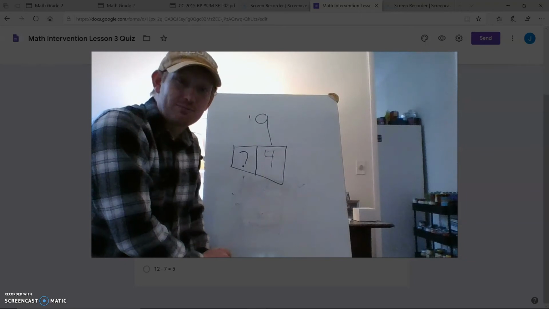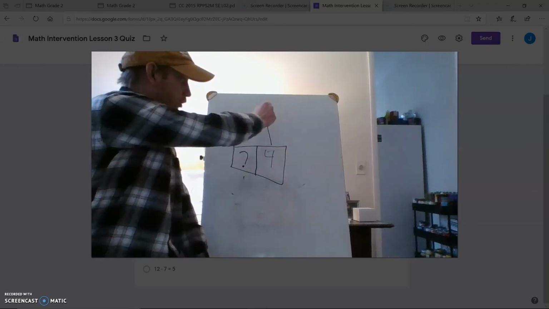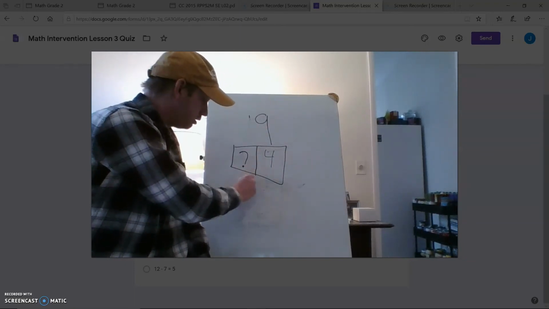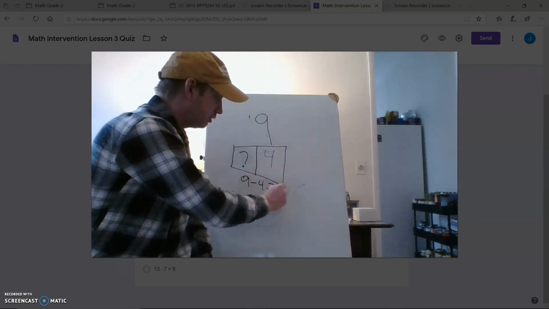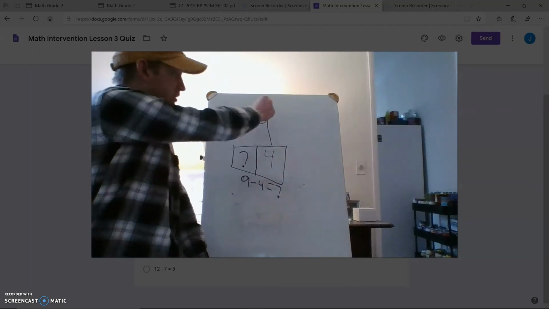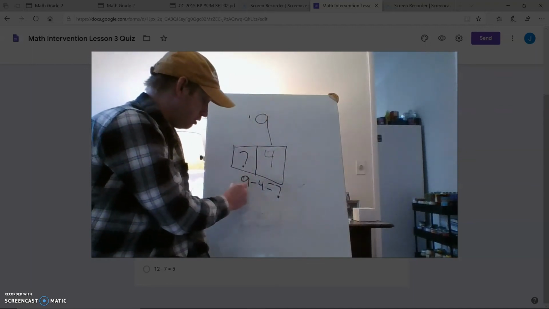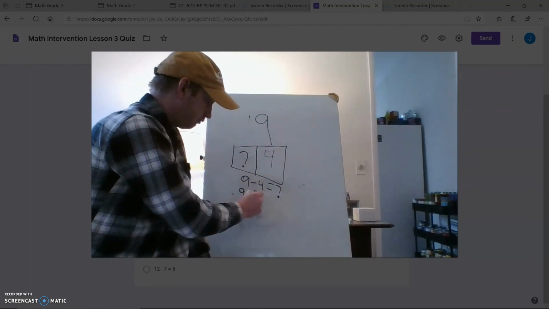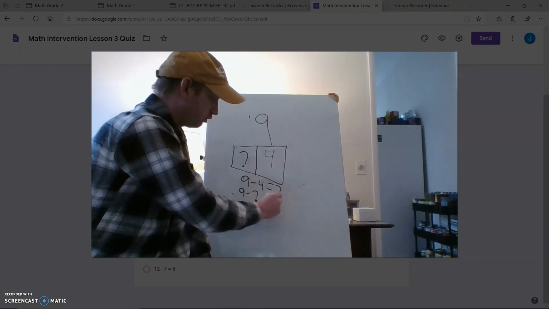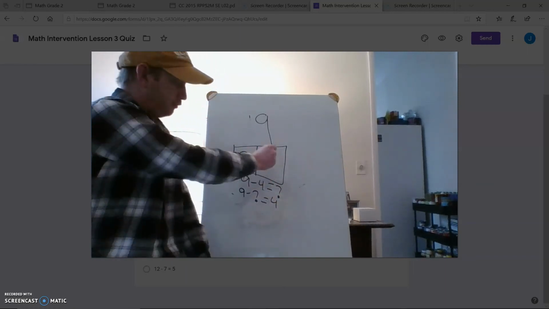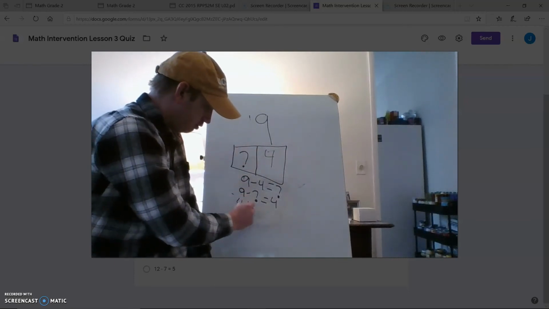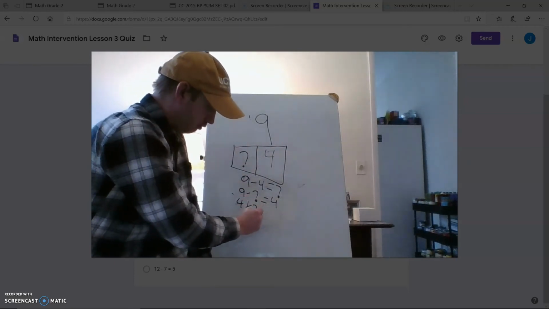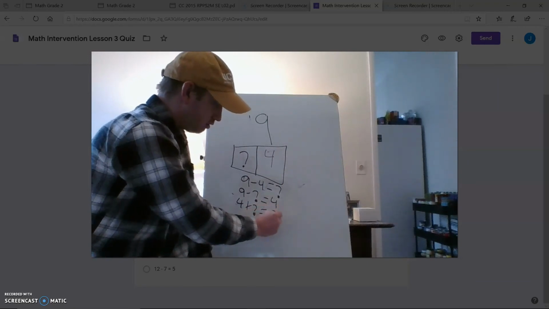Well, let's make some number sentences. We have our total, 9 minus 4 is equal to some number. We have 9 minus some number is equal to 4. We have 4 plus some number is equal to 9.